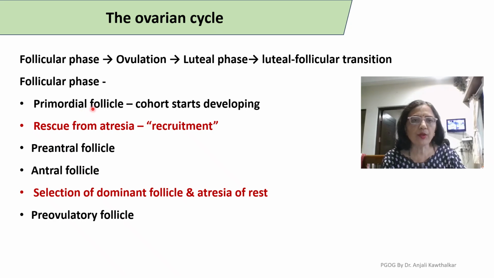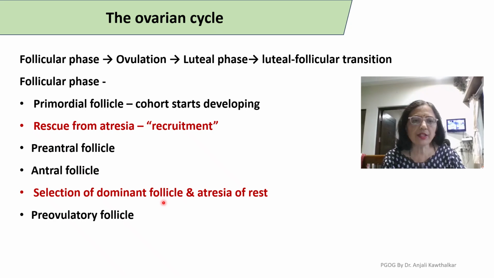Follicular phase, we can divide it further in greater detail as primordial follicle development, where a cohort of the primordial follicles starts developing. Second step is rescue from atresia. The cohort is rescued from atresia, which is labeled as recruitment of the follicles. Then there is further growth of the follicles as pre-antral follicles and antral follicles. From the antral follicles, there is a selection of the dominant follicle, and atresia of the rest of the follicles is an important step.